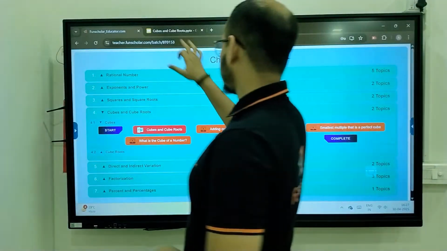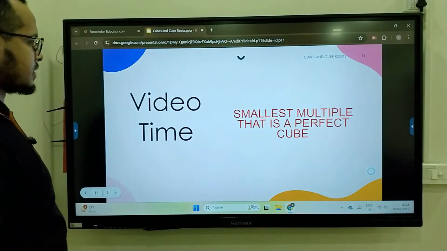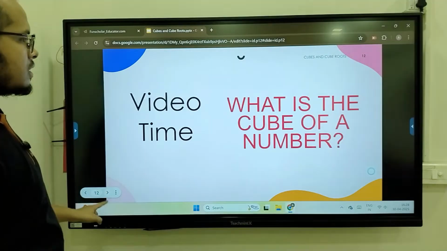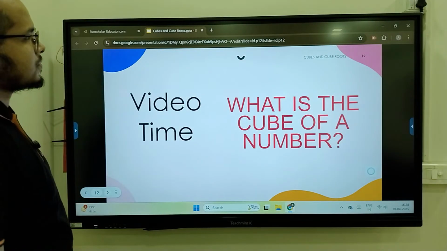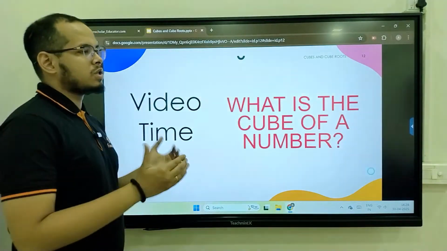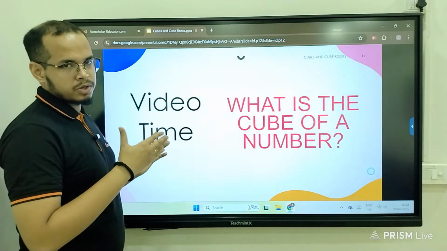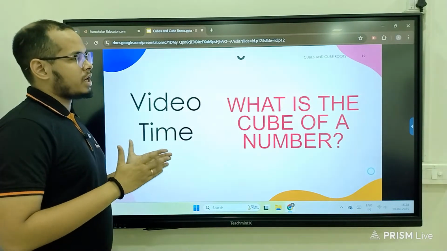Okay, guys, now see what is there next. We have done this. Now, what is the cube of a number? Finally, we have understood all the sides and attributes. How do we realize what the different numbers between two cubes are? What are cubes?